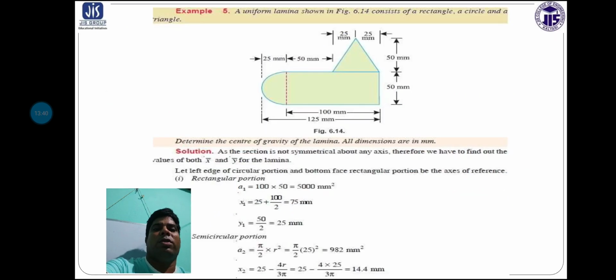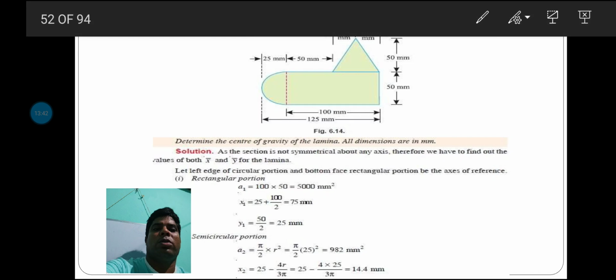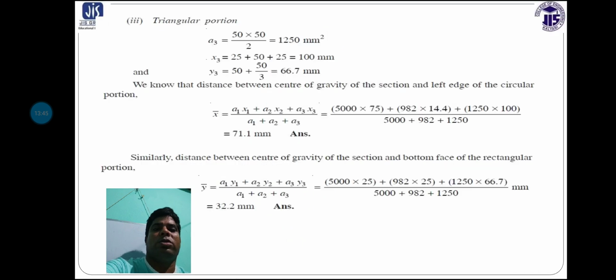And now next, in case of Y2 and Y3, that means the triangular section. A3 is equal to 50 into 50 by 2, that means 1250 millimeter square. X3 is equal to 25 plus 50 plus 25, that means 100 millimeter. And Y3 is equal to 50 plus 50 by 2, 66.7 millimeter.